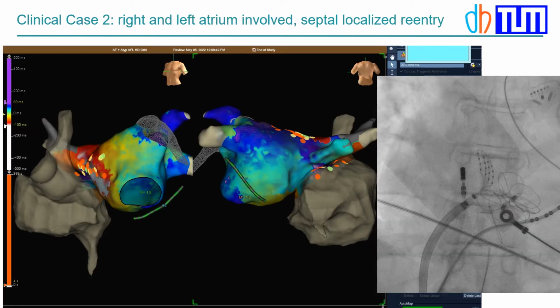And that's then what we found out with the right atrial mapping, which is unfortunately shown here.